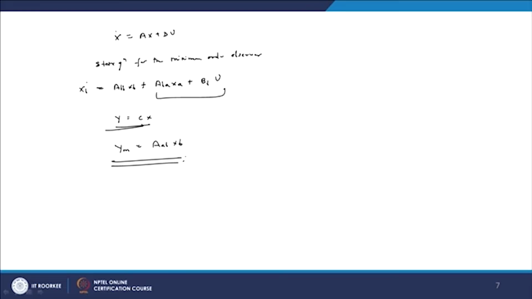In the last part we derived the output equation of the full order observer.